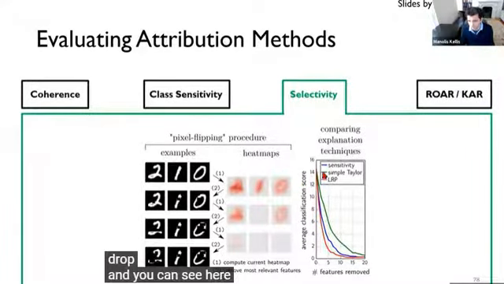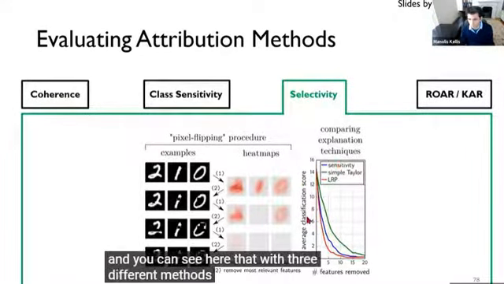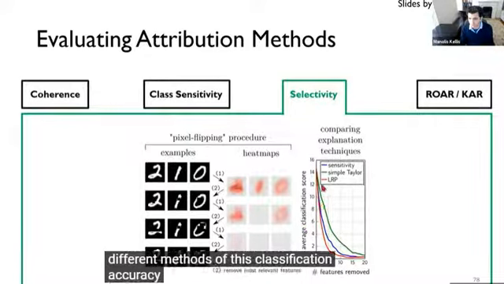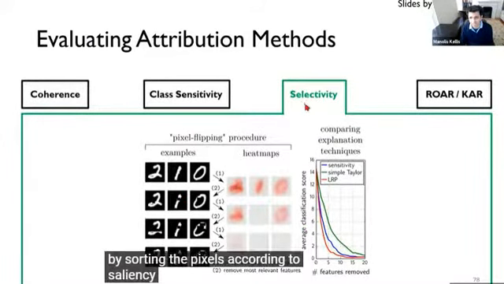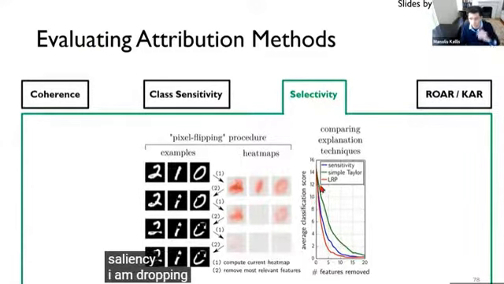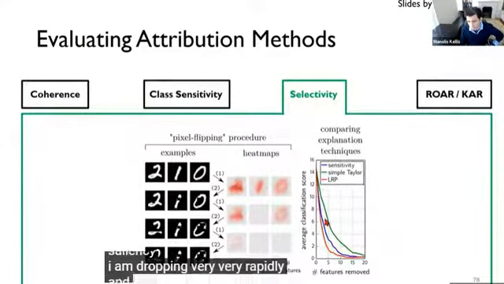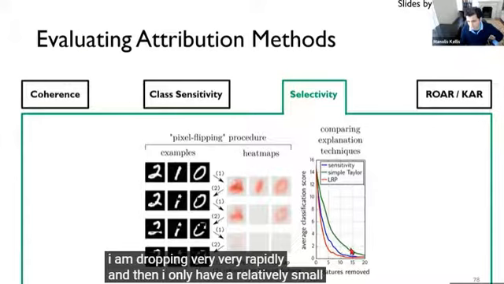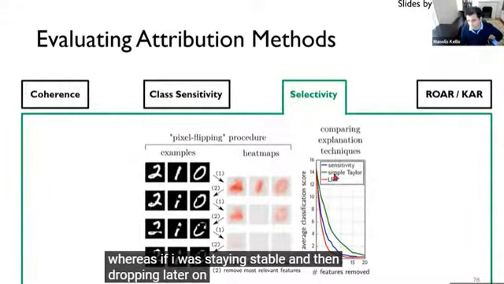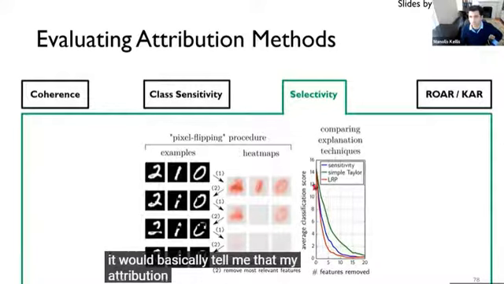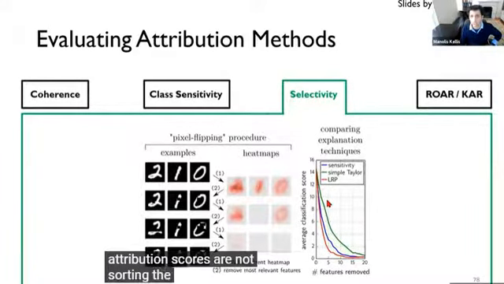And you can see here that with 3 different methods of this classification accuracy, by sorting the pixels according to saliency, I am dropping very, very rapidly, and then I only have a relatively small later drop. Whereas if I was staying stable and then dropping later on, it would basically tell me that my attribution scores are not sorting the images sufficiently well.